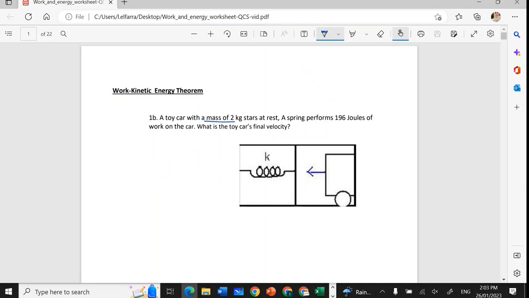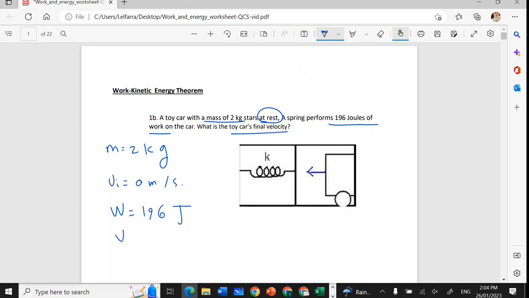So here I have the mass m is 2 kilograms. Starts at rest, that means the initial velocity is 0 meters per second. The spring performs 196 joules of work, so W is 196 joules. I need the final velocity of the toy.